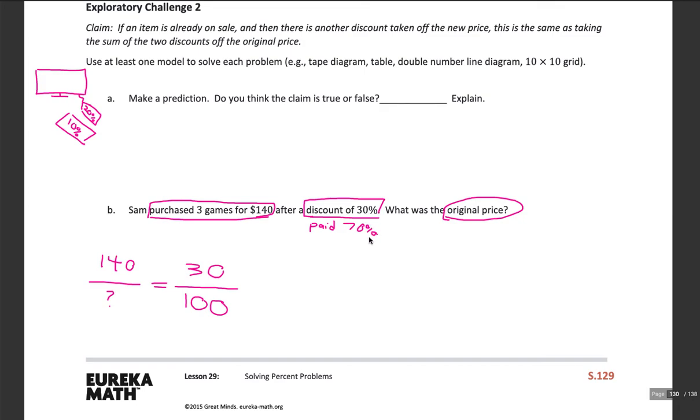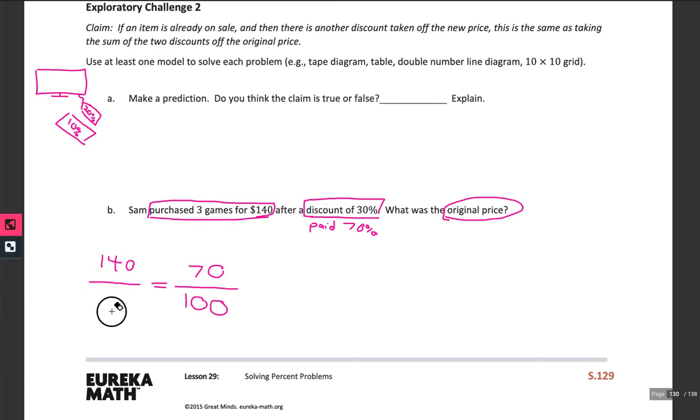So if you ever have one percent, you can always figure out the other percent. So we don't need 30% here. We want 70%, because 70% is the percent that we paid, and $140 is the dollar amount that we paid. And we want the whole amount.